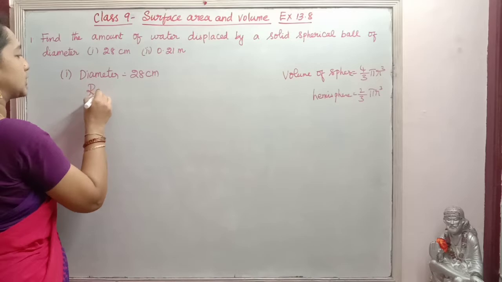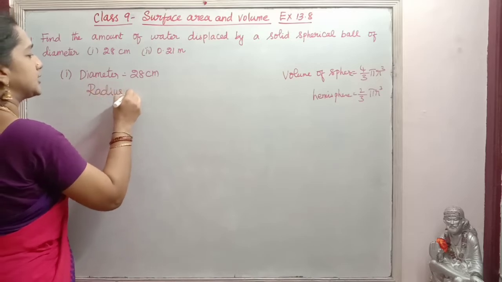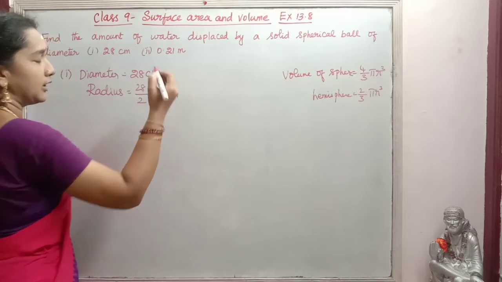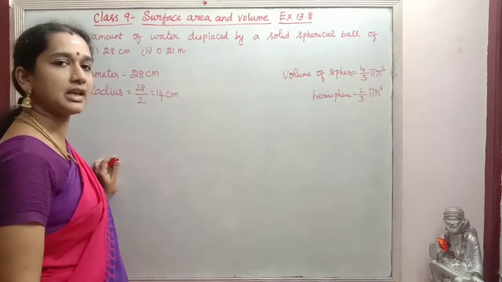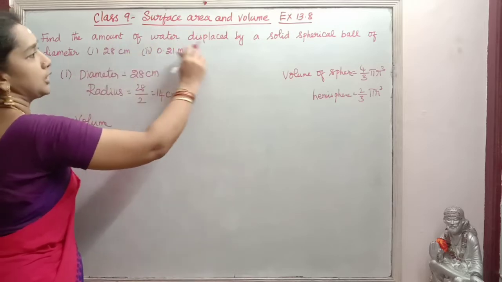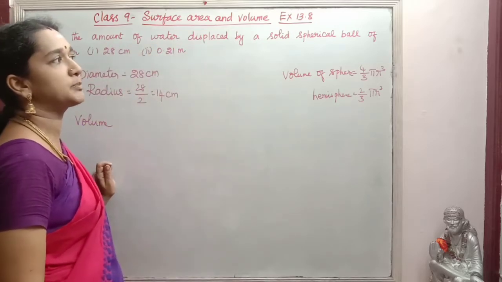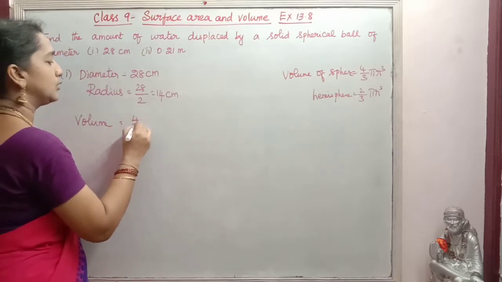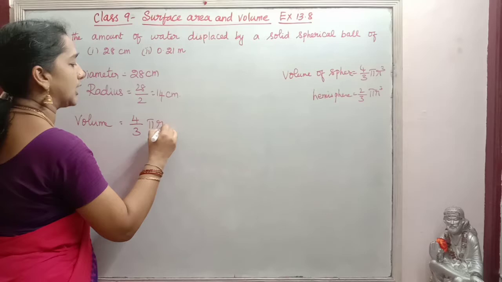So radius is 28 by 2, that is equal to 14 cm. Now we will substitute this radius in the volume. So volume is equal to 4 by 3 pi r cube.